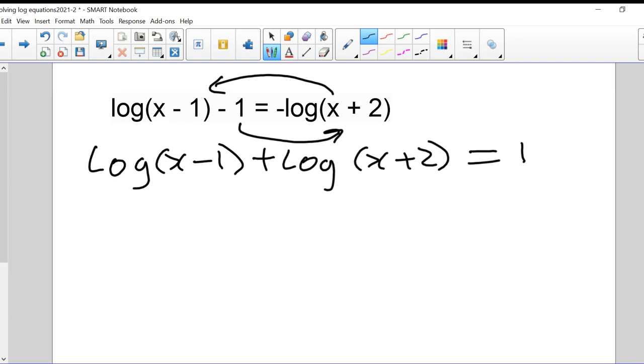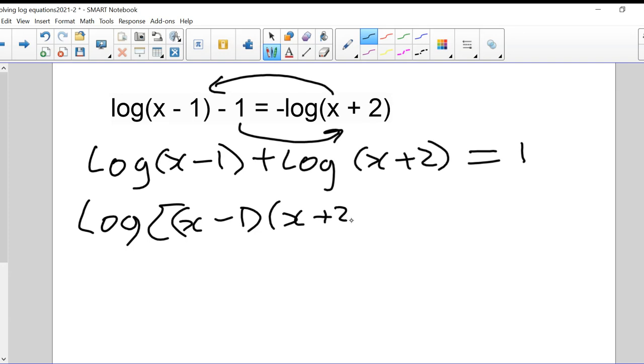Okay, so Noah is saying multiply, and Jeremy wants to say what? Yes, Jeremy. So that's the product law of logs that we learned a few days ago. So the log of the x minus 1 times the x plus 2.